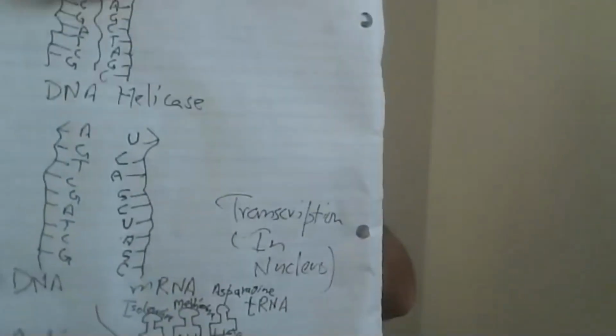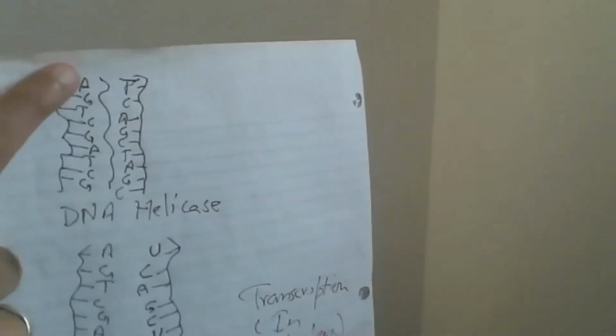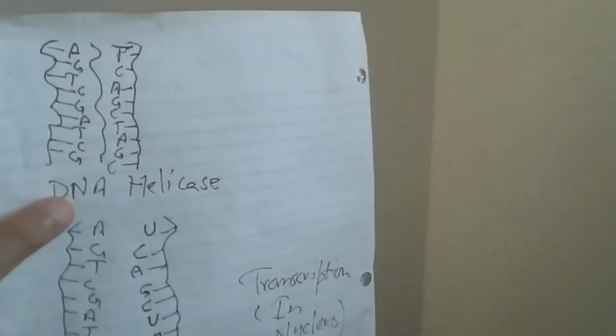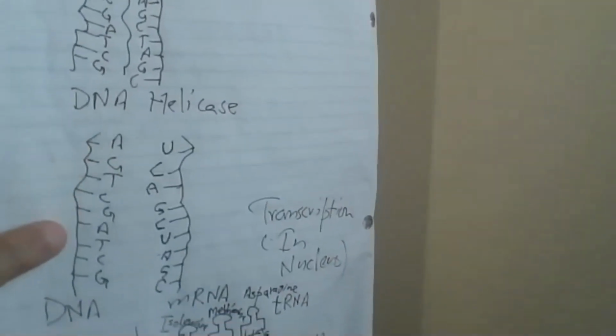So let's quickly recap what happened. First step, we are looking at transcription. Here was a DNA strand inside of the nucleus. Those were the letters. The enzyme called DNA helicase came in and unzipped the two parts of the molecule. Here's one portion of the DNA. Then another molecule started gathering in front of it, a molecule of messenger RNA, and it formed a perfect complement.